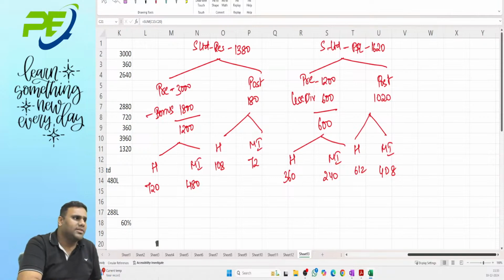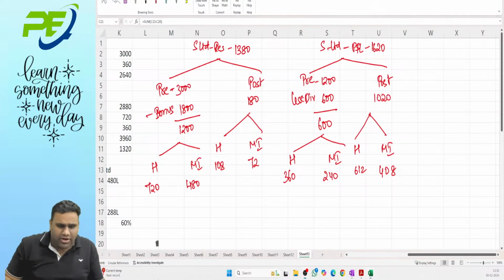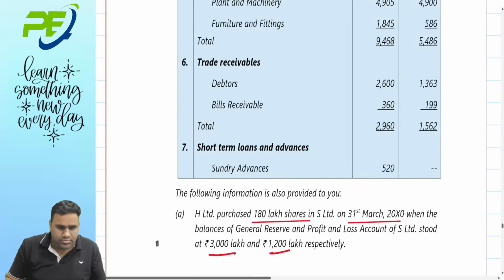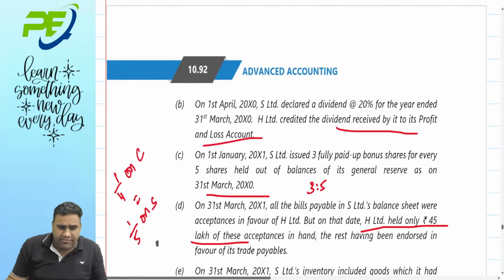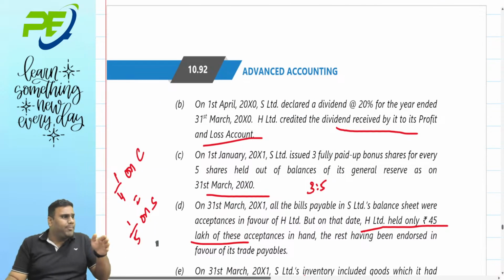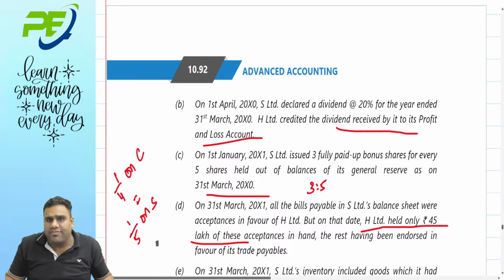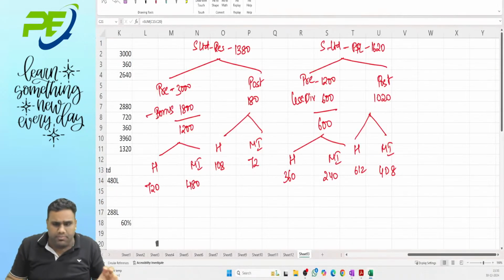Why? We have acquired on 31st March, the beginning of the year, and dividend and bonus were both paid before that. That is why we subtracted from pre and not from post.